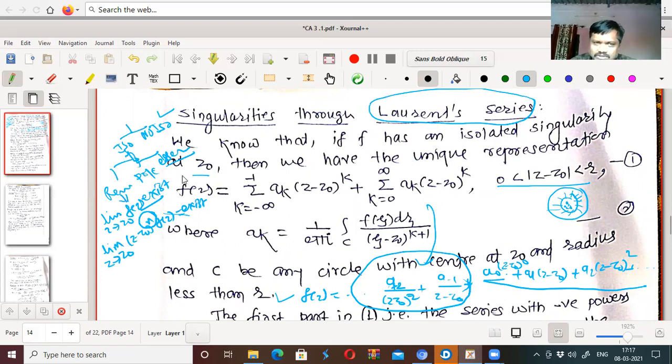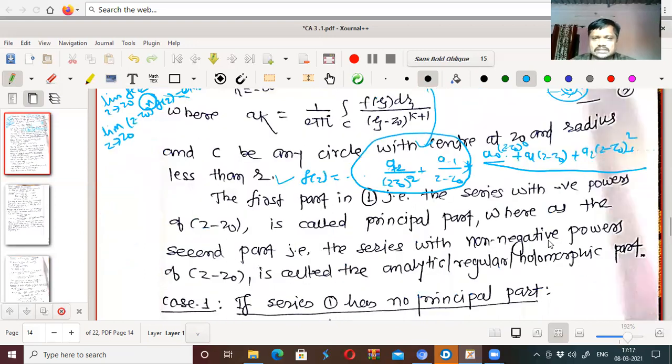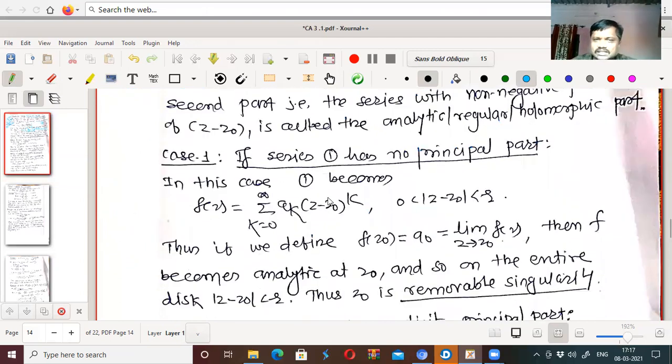So if this Laurent series expansion of a function contains no principal part, only the analytic part, then f of z becomes only non-negative powers: summation k from 0 to infinity of ak times z minus z0 to the power k in this annulus.